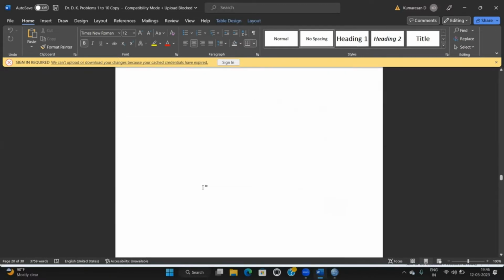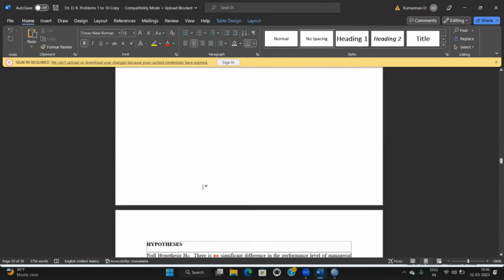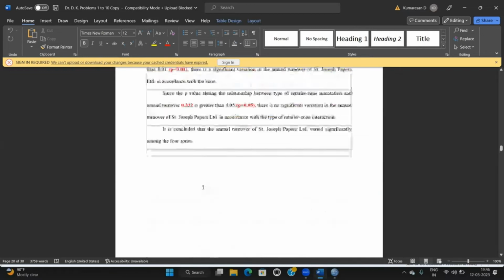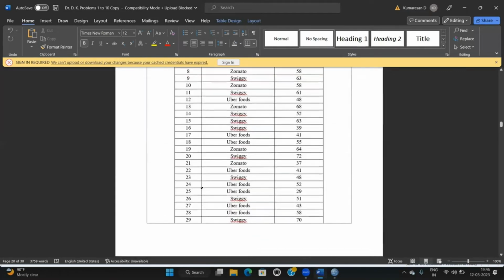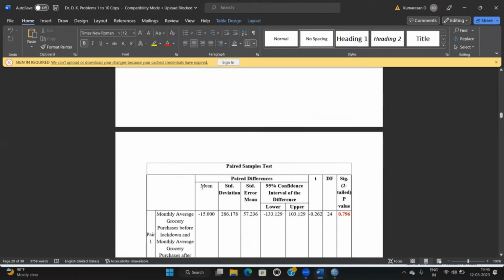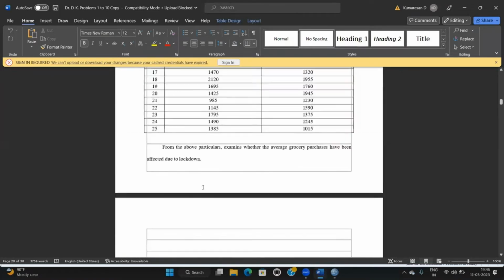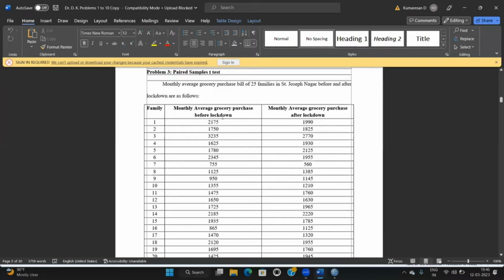Earlier, in the case of paired samples t-test, look at this. Monthly average grocery purchase before lockdown and after lockdown. Only one sample, no categorization. Family 1, 2, 3, 4, 5, 6, 7, 8, 9, 10, like that.